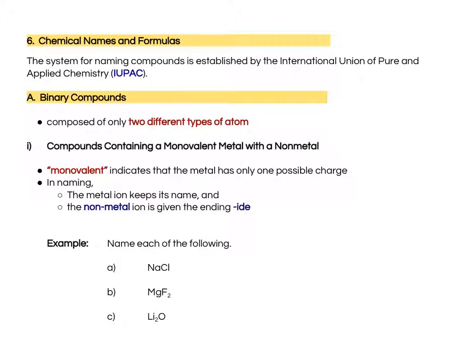So we're going to start off with the compounds containing what's called a monovalent metal and a non-metal. And so I'm going to just pull up a browser here.